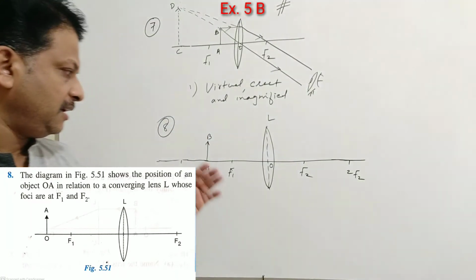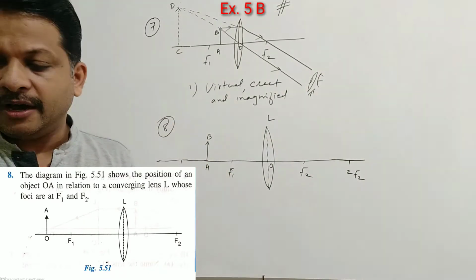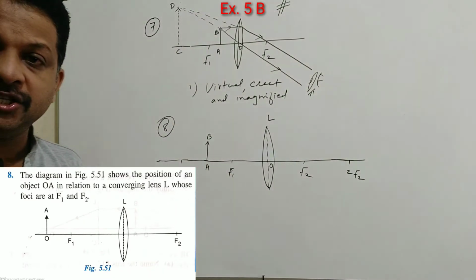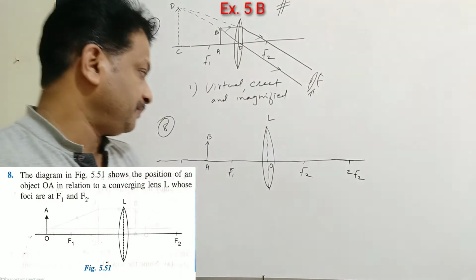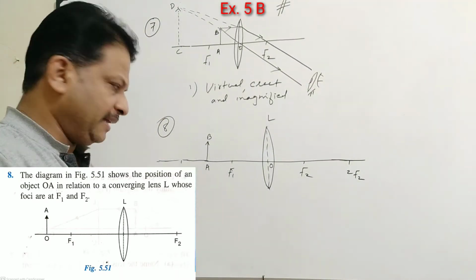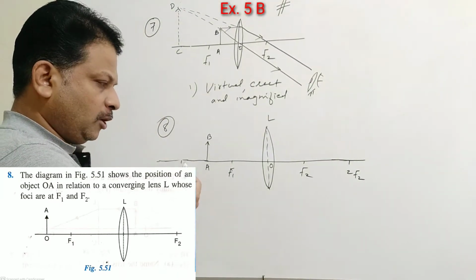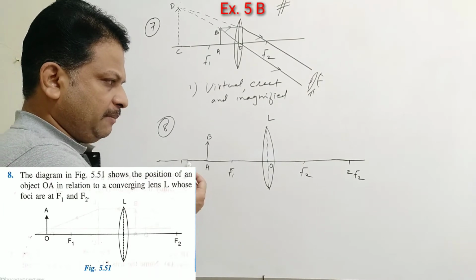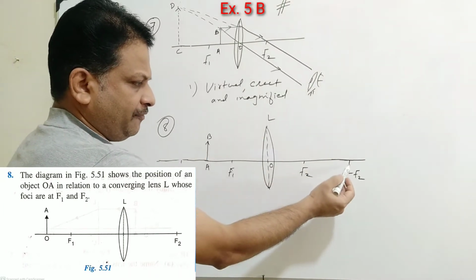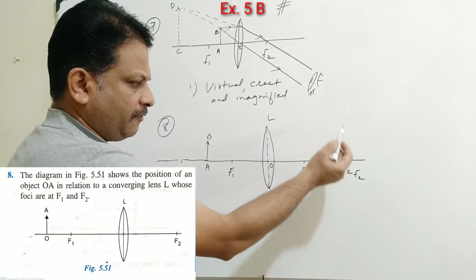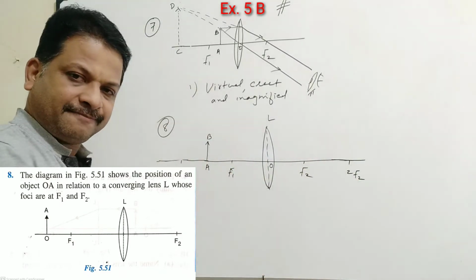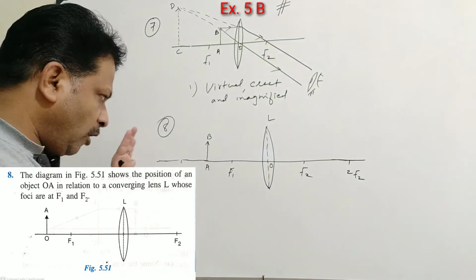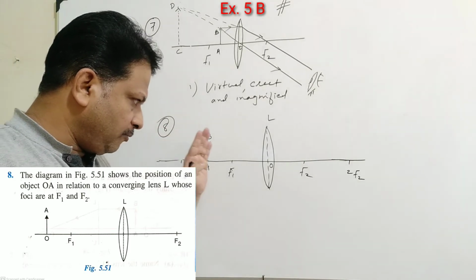The first task, using two rays, we have to locate the position of the image by drawing the ray diagram. You know the case, remember, when the object was at 2f1, we got an image at 2f2 on the other side, which is of the same size as the object. Now I am taking the object towards f1. What will happen?